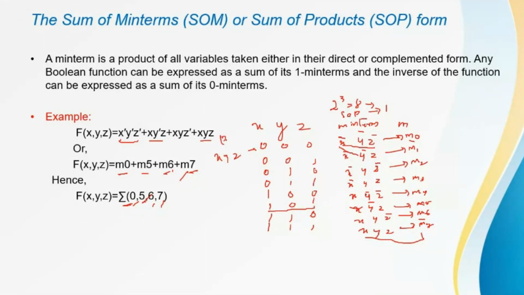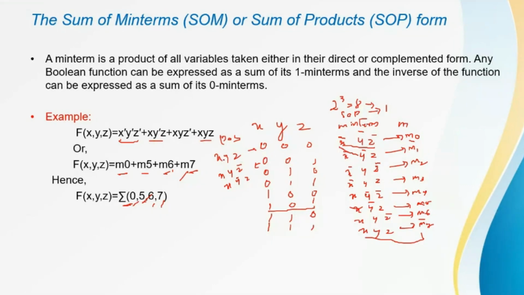This is for POS I'm writing. This will be 0, right? So x, y, z bar. Wherever 1 comes, you have to take as a complement. So next is x, y bar, z.